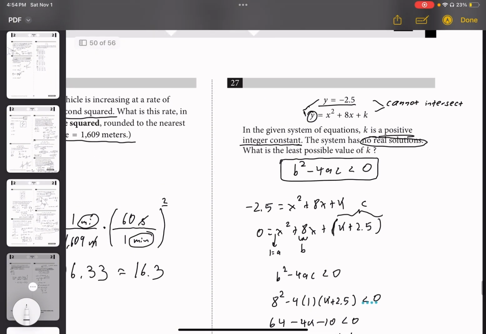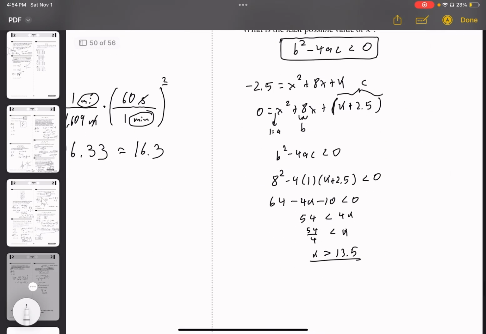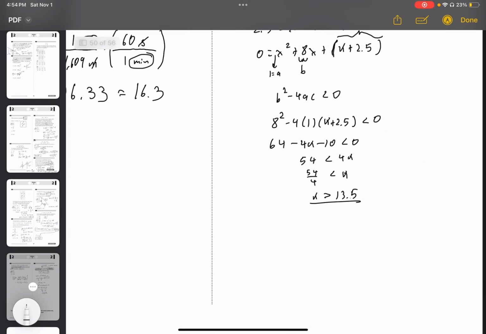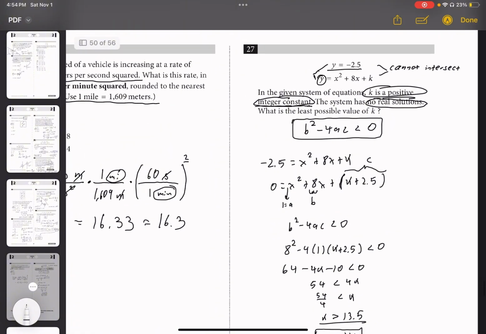This isn't our answer though. Remember what I said at the beginning. The system has no real solutions. K is a positive integer constant. Integer means it can't be a fraction or a decimal, so k must be greater than 14. Can't be greater than 13 because that's below 13 and a half. So 14 is your answer.